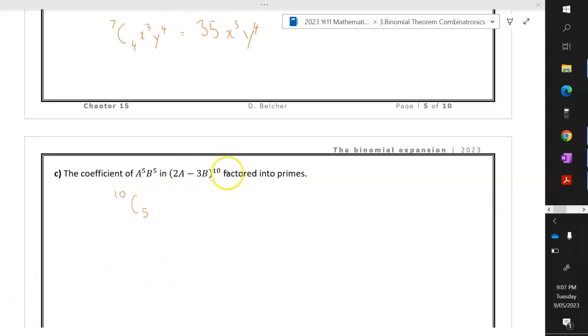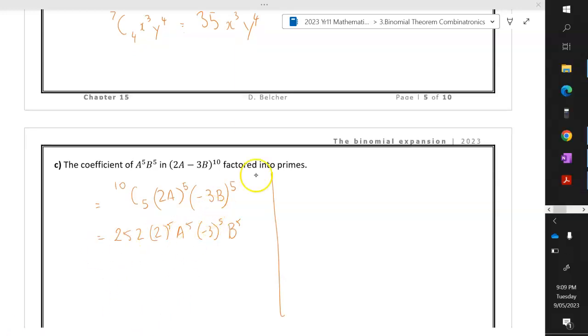So if we were going to be expanding this to the power of 10, we're looking for the coefficient of a^5 b^5, we'd be looking for 10C5, but we'd have (2a) to the 5, and we'd have (minus 3b) to the 5. So I'm just to start with ignoring the factored into primes part. I'm just going to go as we otherwise would proceed. So 10C5 is 252, we're going 2 to the 5 a to the 5, minus 3 to the 5 b to the 5.